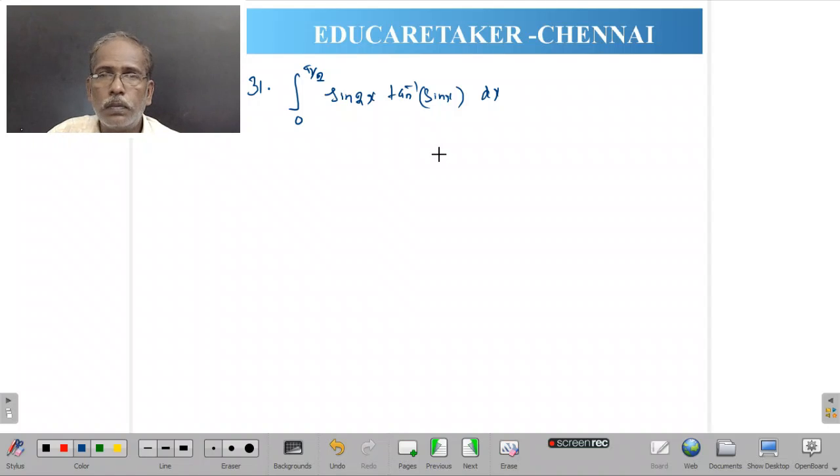Then what to do? The sin 2x can be written as 2 sin x cos x.